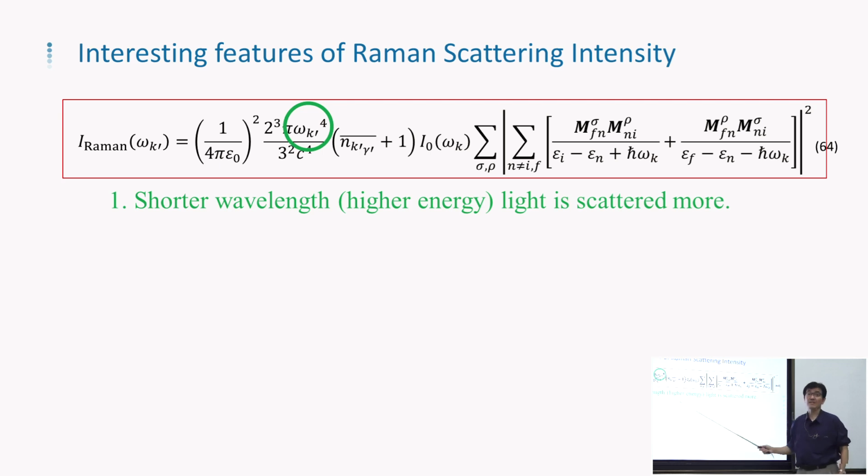Fourth power dependency is not negligible. So when we excite the Raman process with 1064 nanometer light, Raman intensity is quite small. When we excite with 266 nanometer UV light, then scattered intensity is very large. So if possible, it's easier to detect Raman scattering signal with shorter wavelength excitation.